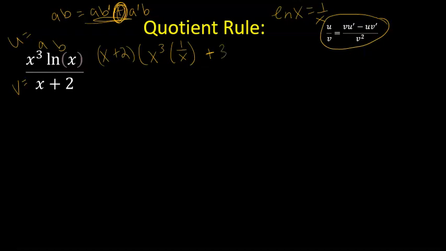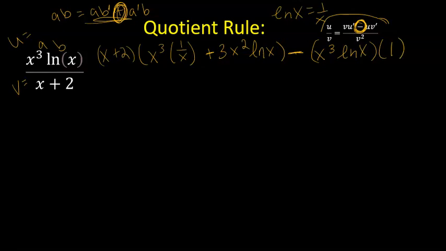We're going to have 3x to the second ln x right here. Right? I'm going to do a minus sign. Let me get rid of some of this here. The minus sign I got from right up here in the formula. Right? I'm going to do x to the third ln x times 1.